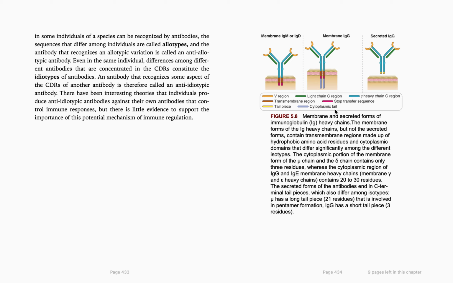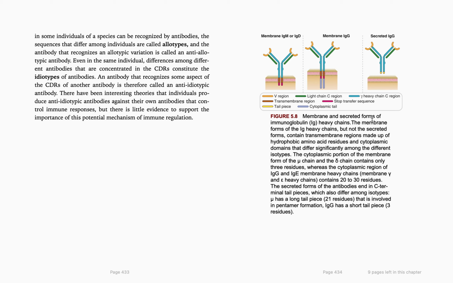This color is the cytoplasmic tail, which you see mostly in IgG. You have the heavy chain C region, and you don't see the stop transfer in some other IgG.